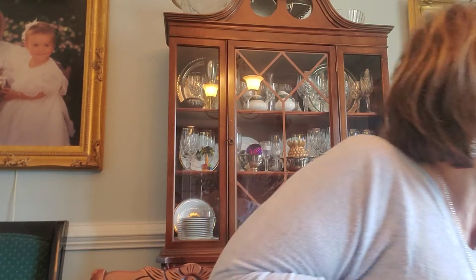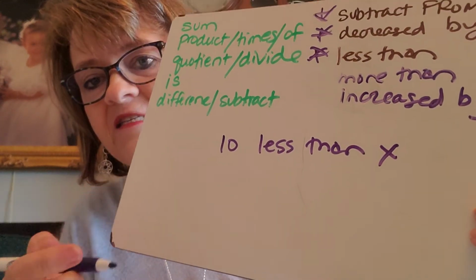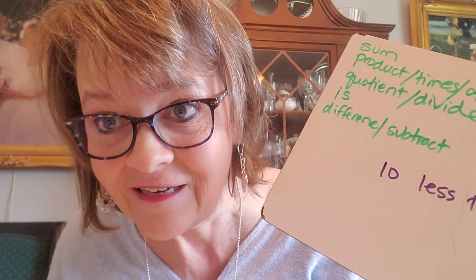Then we have the tricky ones, the ones that are subtract from. That word from on the end makes it different. Decreased by and less than. All of those mean you're going to subtract from something. So if I said, for instance, 10 less than X, that means to subtract 10.